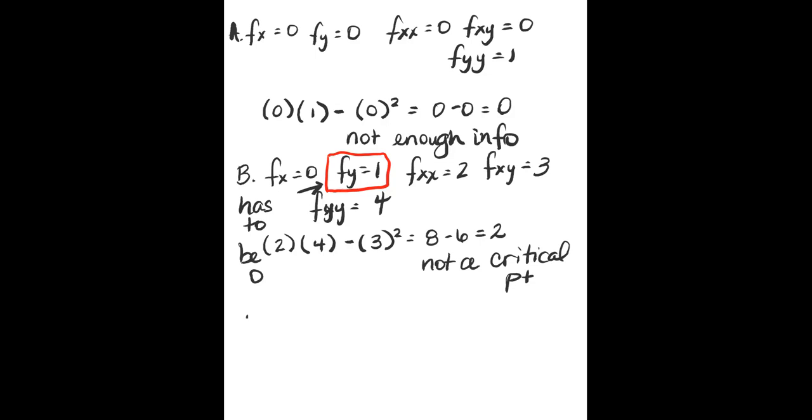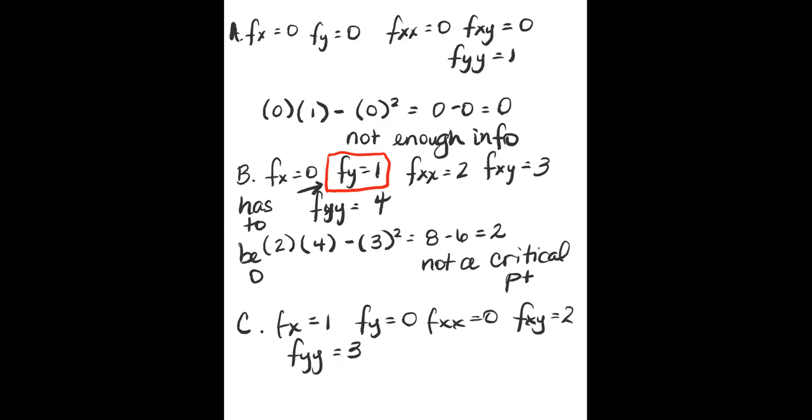All right, so let's look at C. And we get Fx equals 1, Fy equals 0, Fxx is 0, Fxy is 2, Fyy is 3. Okay, again, this equals 1, has to be 0.